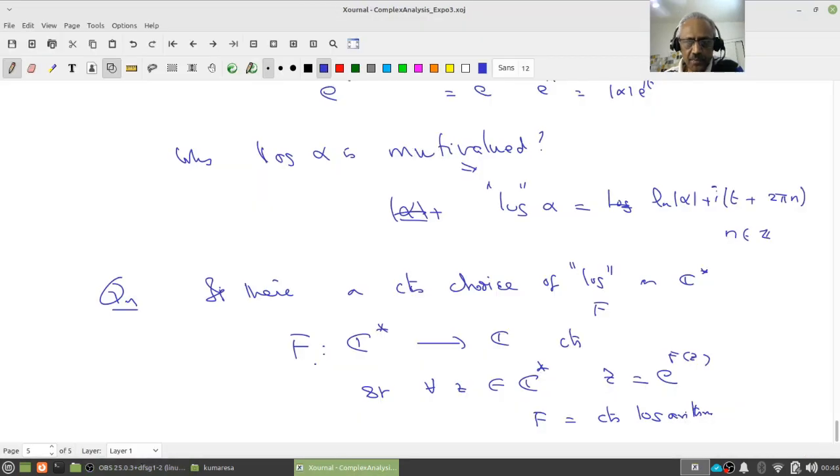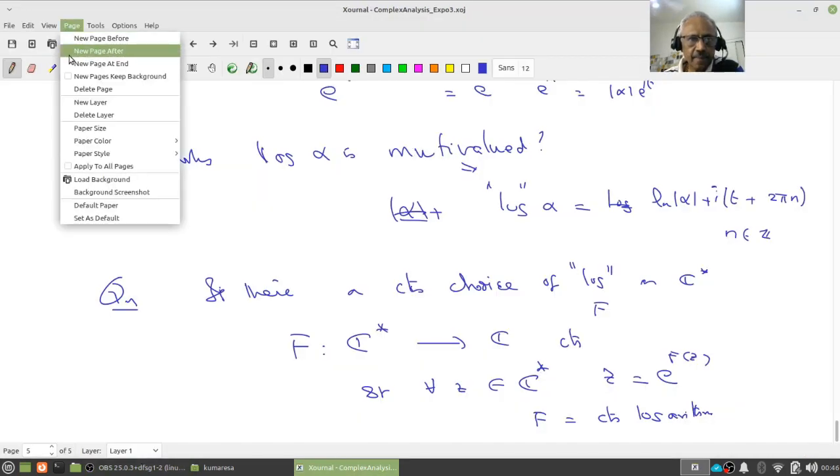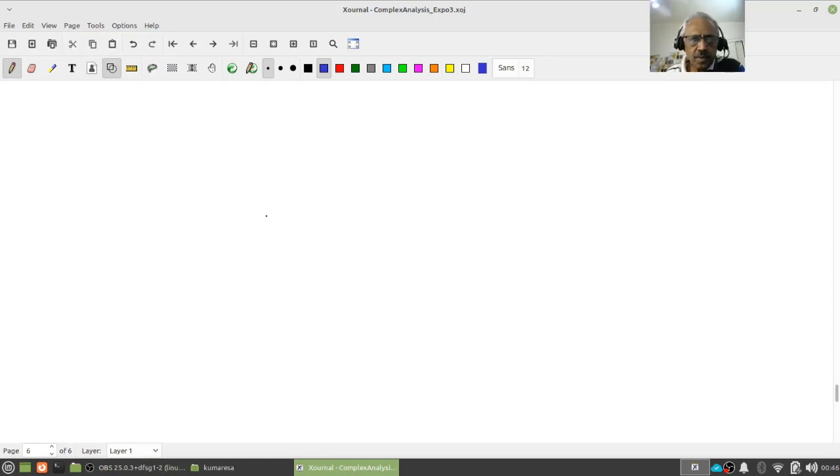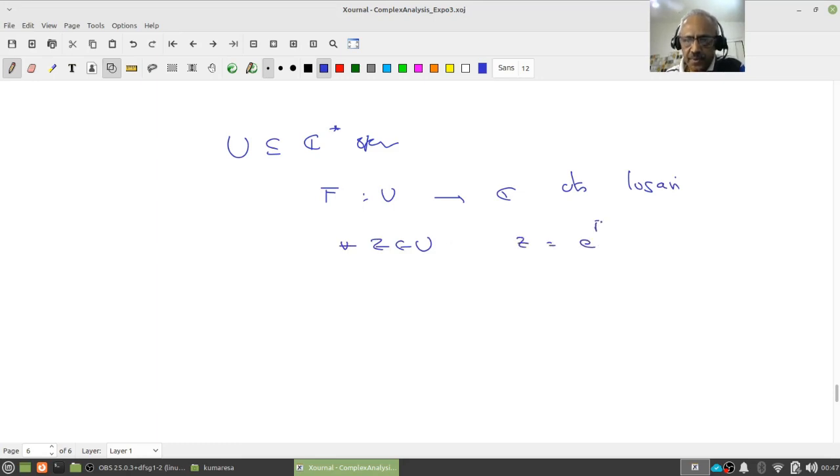And a very interesting thing, this is a non-trivial result which is very rarely proved in books: let me just go back to screen share. With this I will stop. Suppose U is an open set in C star, and f from U to C is a continuous logarithm. That means for every z in U, z is e power f of z.